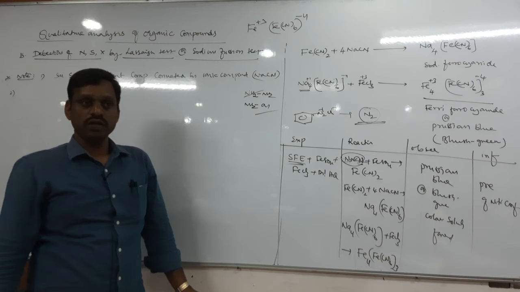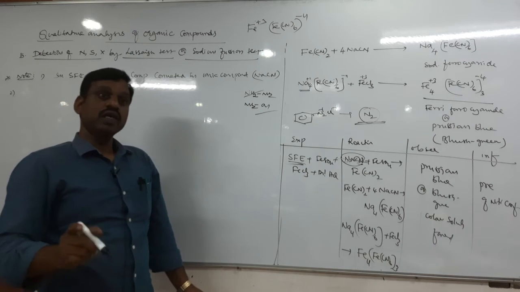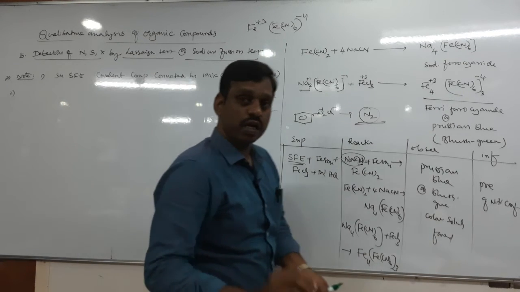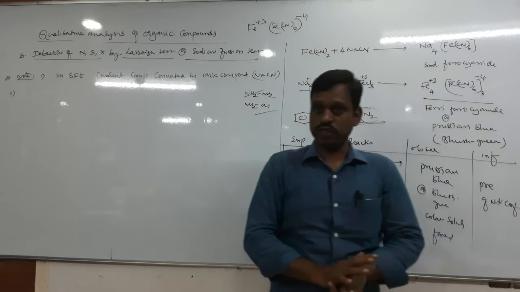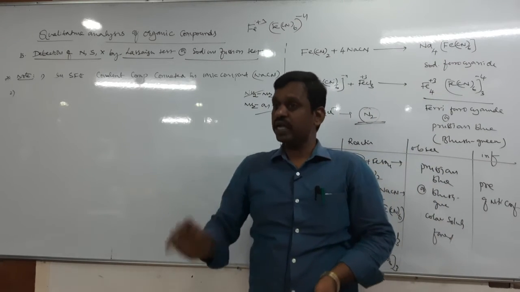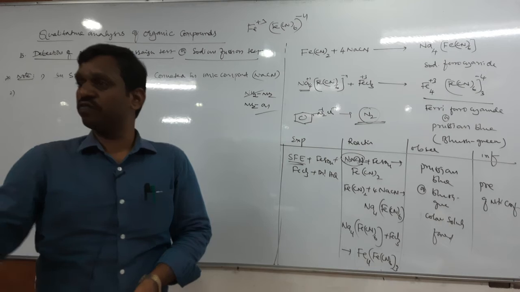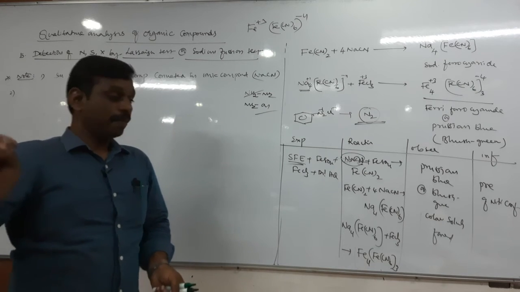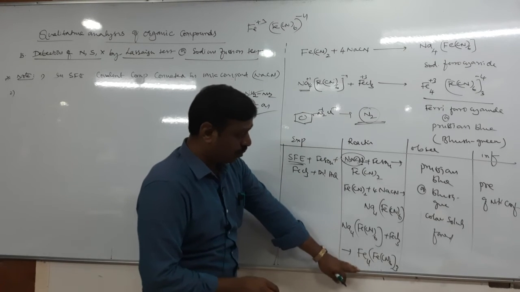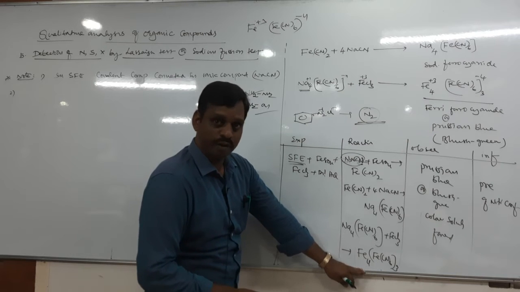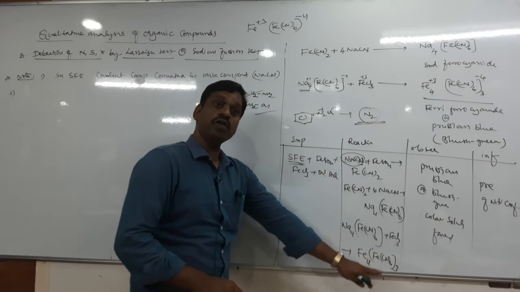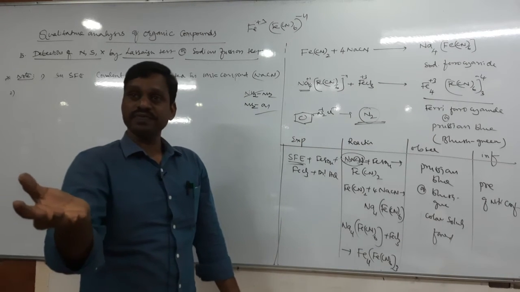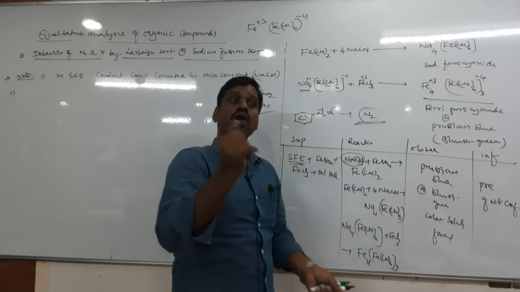Okay. Next, one more important point. Suppose the organic compound contains a very small amount of nitrogen, then you will get the compound, but this compound will be formed not like a precipitate. It is formed as a colloid.